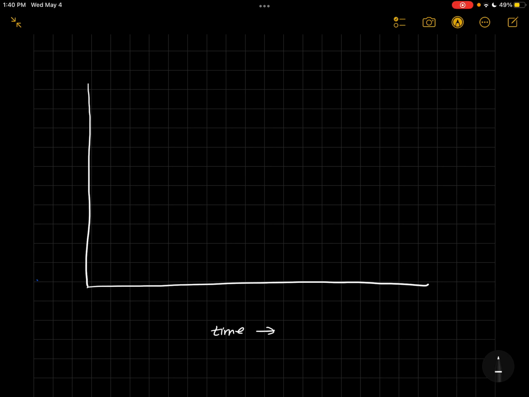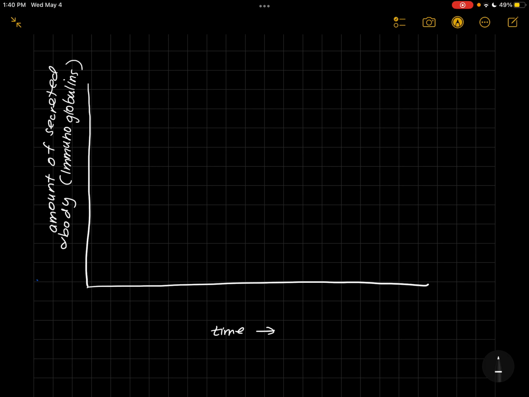The next thing that we covered was the immune system response. So here we had this diagram like this, where we've got time along this axis, and along our y-axis we have the amount of secreted antibody, which we can also call immunoglobulins.